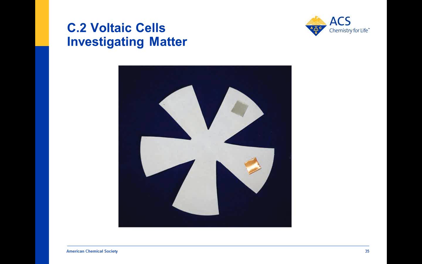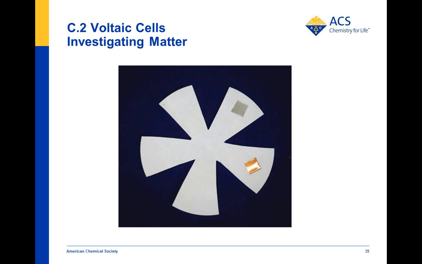When they're doing this at the end, you're having them look at the activity series and to start to analyze what the half reactions are and which element is being oxidized and which one is being reduced.